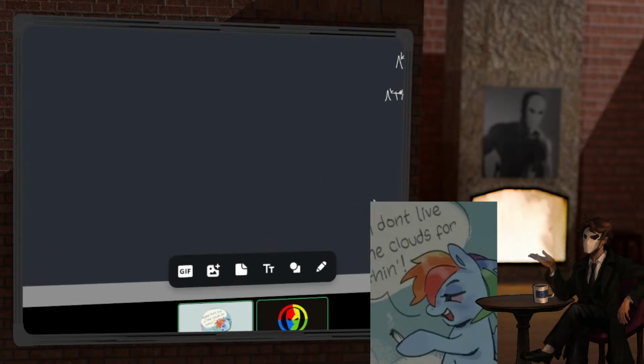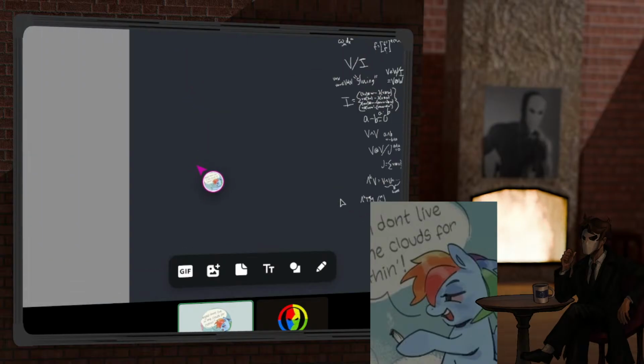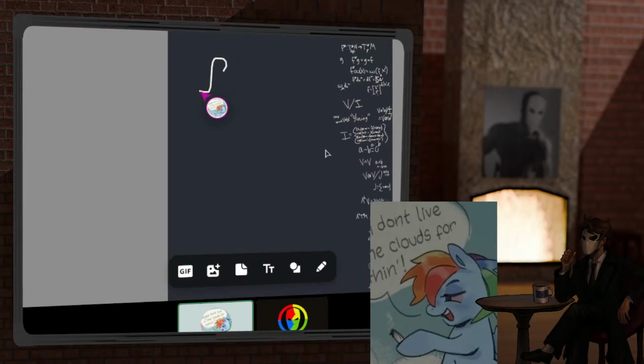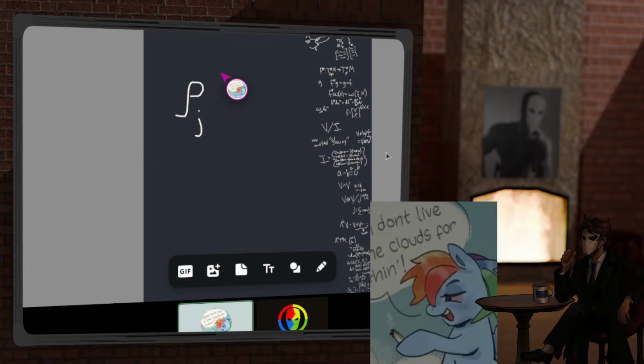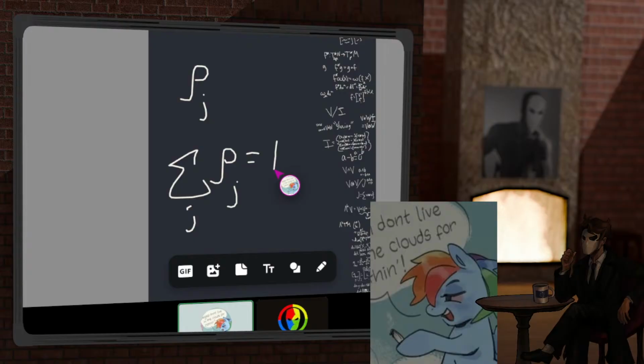So, back to this. First off, we need to define these things called partitions of unity. Each partition of unity can be denoted rho j, and they're defined such that the sum of them over j is equal to 1. There are technically lots of ways you can obtain these. The usual way is through bump functions, because you want them to drop to 0 after a certain point.